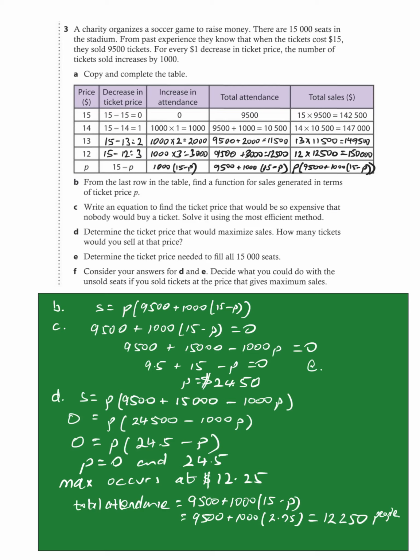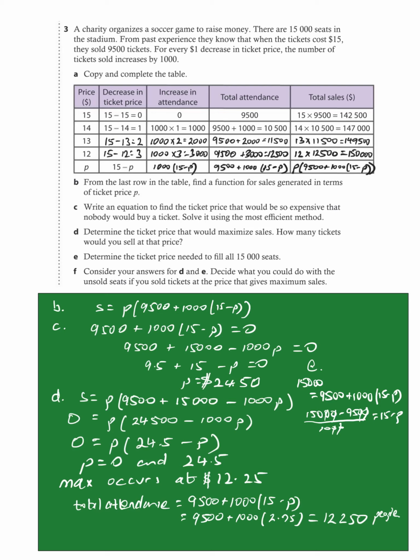Let's do that. Okay, let's have a look at this. So we've got 15,000 equals 9,500 plus 1,000 times 15 minus P. So that's going to be 15,000 minus 9,500 divided by 1,000 equals 15 minus P. So we'll get rid of these.